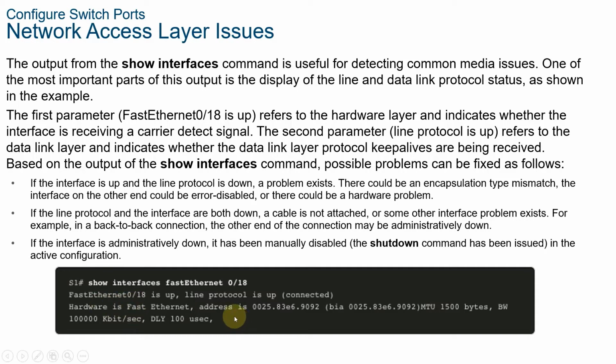If the interface is administratively down, we only have one solution. It has been manually disabled. The shutdown command has been issued in the active configuration. To address this administratively down state, we simply have to enable the interface with the no shutdown command.